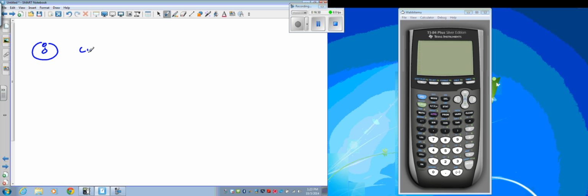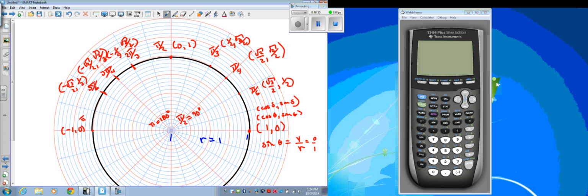is going to be the cosine of 5 pi over 3. So back here on this unit circle, where's 5 pi over 3? Well, where's that? It's down here in this quadrant down here, isn't it?